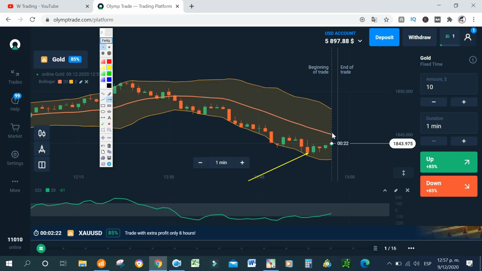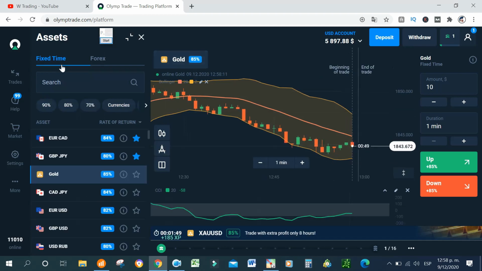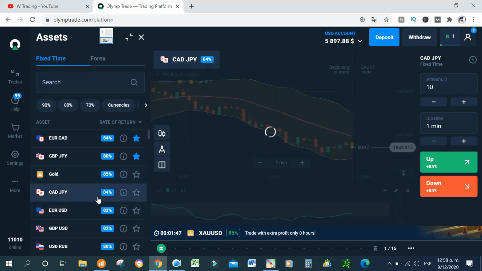If I want to make another call option here, another trade, I need the price to go a little bit lower than this level. So for that reason, I want to see another pair.